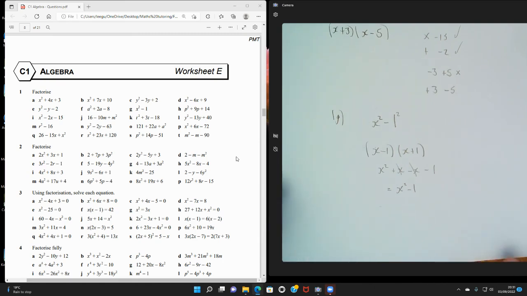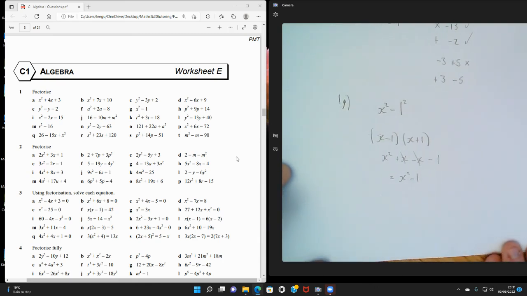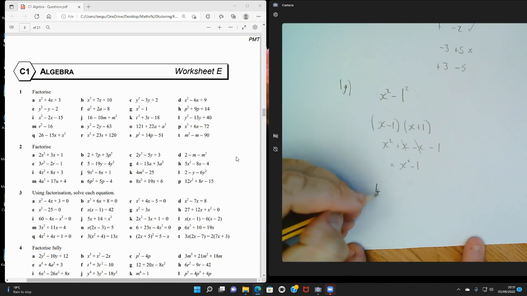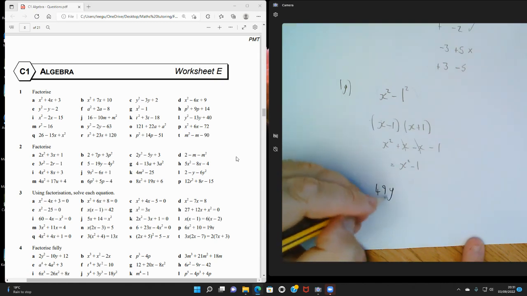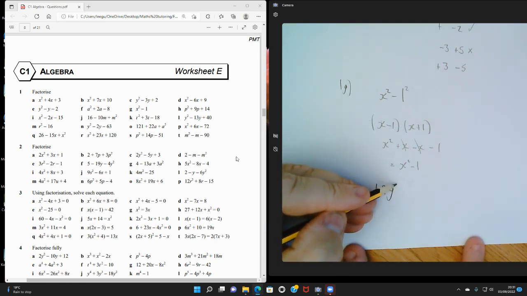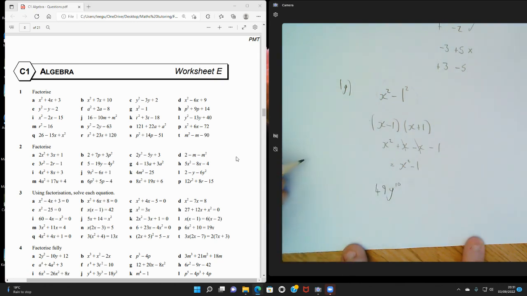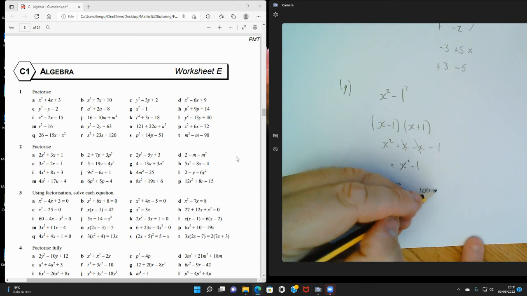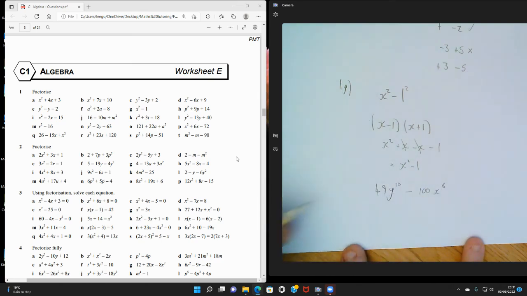So let's have a look at some other instances of the difference of two squares. Let's imagine I had 49y to the power of 10 minus 100x to the power of 6.